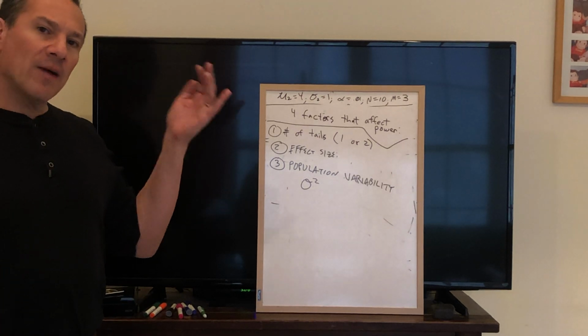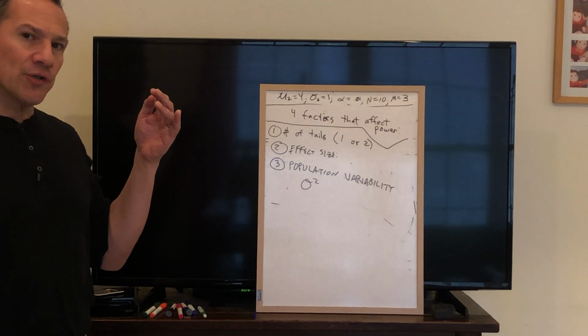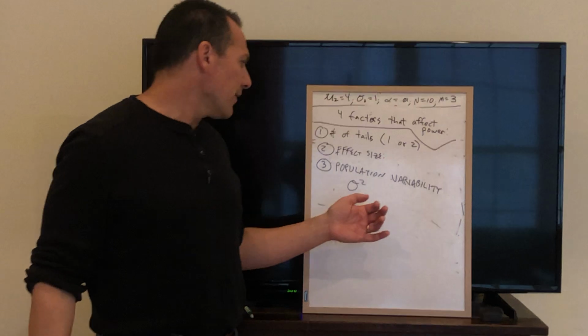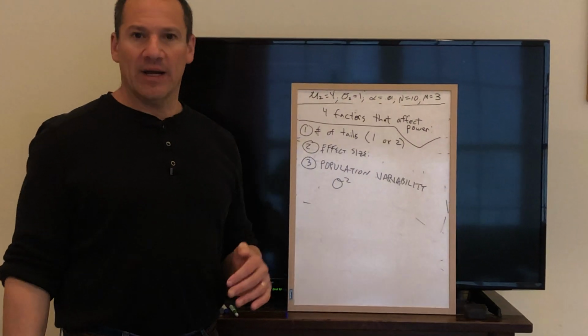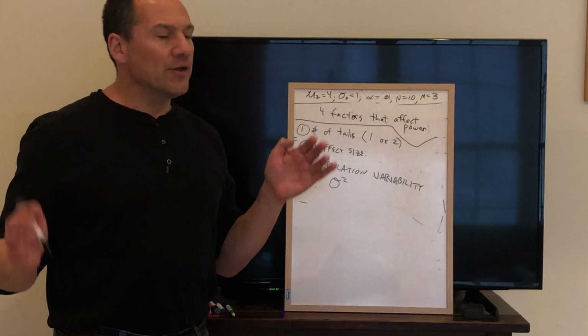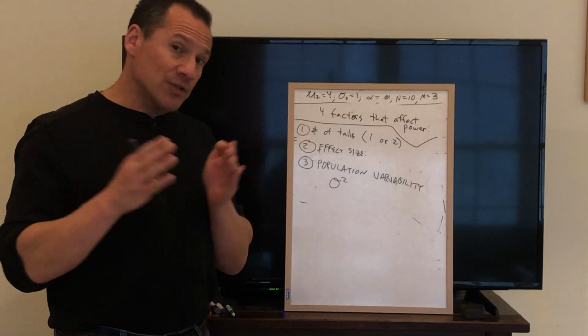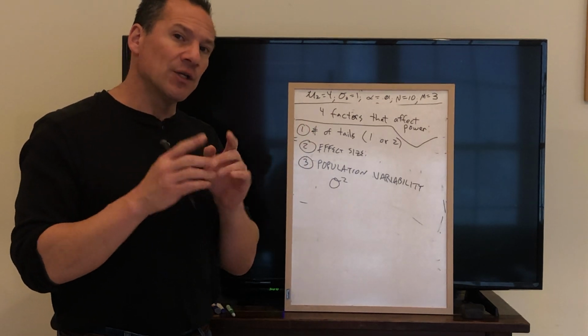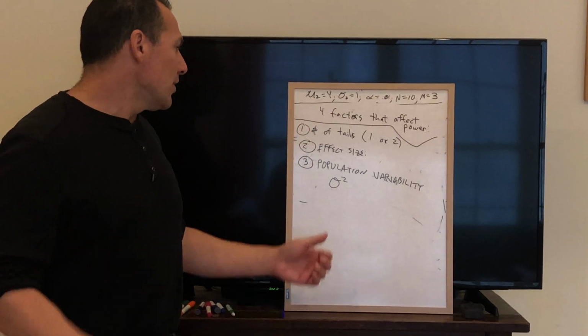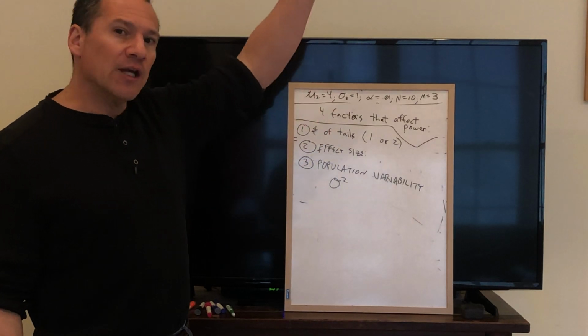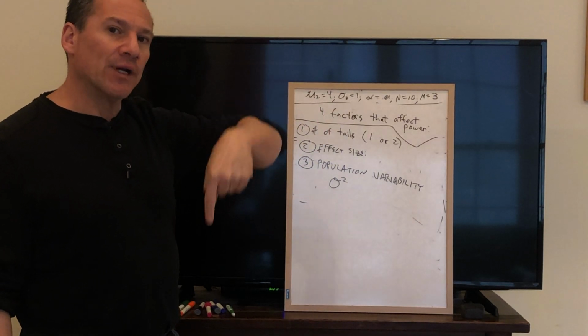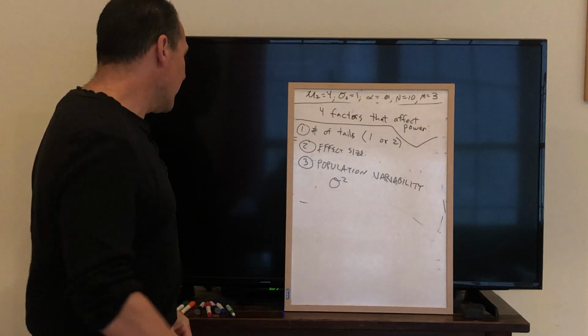The more that the scores in your population vary from one another, the less power you have. The more that your scores in your population are similar to each other and vary less, the more power you have. So as population variability increases, your power decreases.